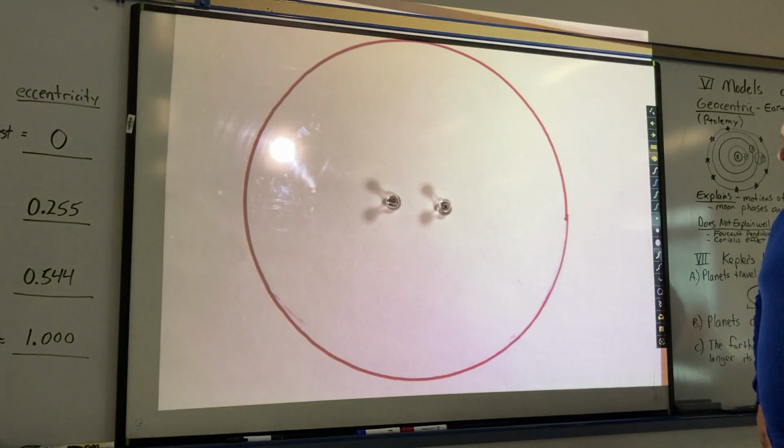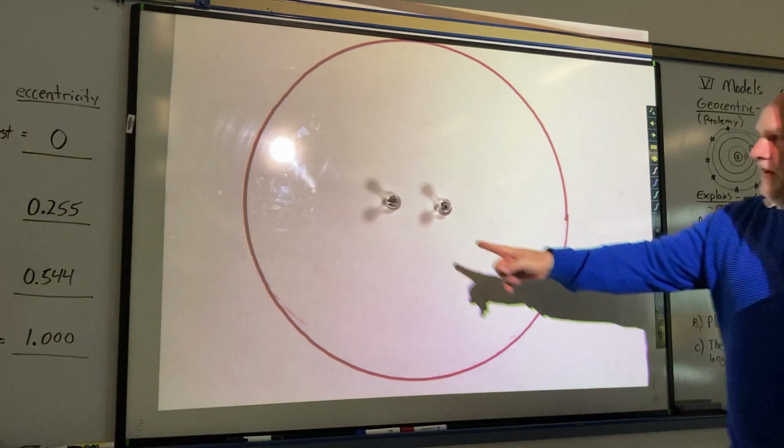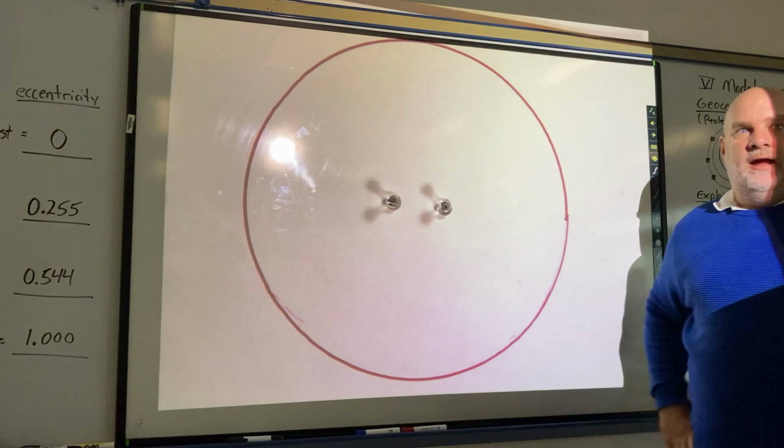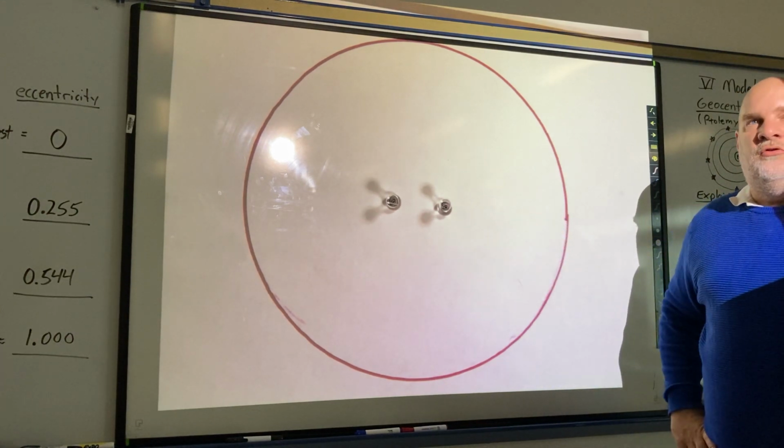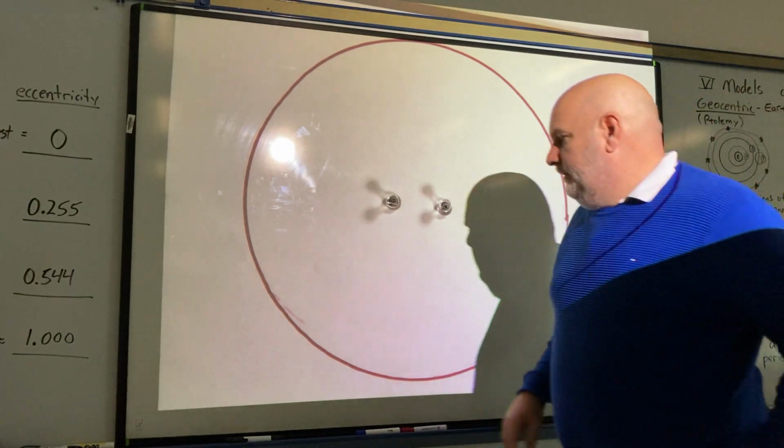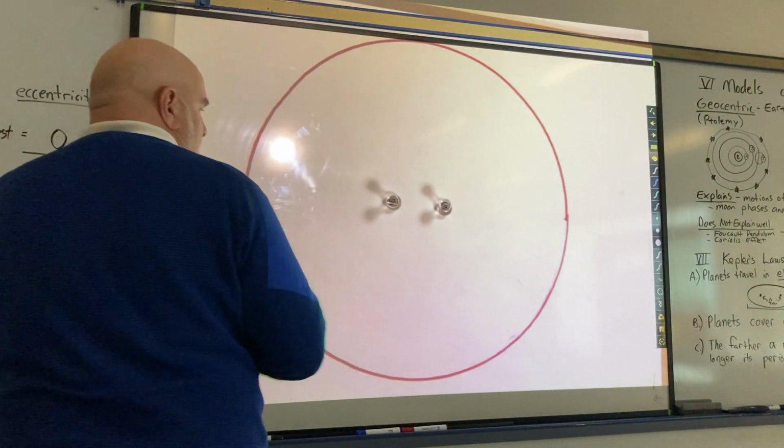All right, so what I'm going to do next is I'm going to leave one of the tacks in place, and then I am going to move the other tack so the two tacks are farther apart. Okay. So I'm going to move this one.